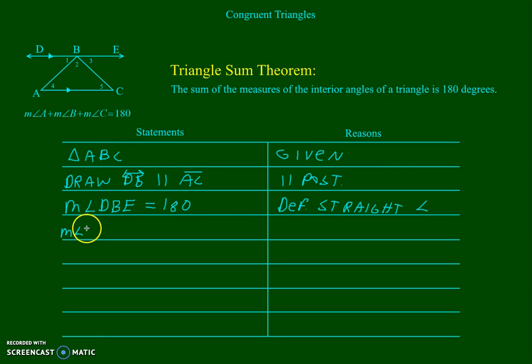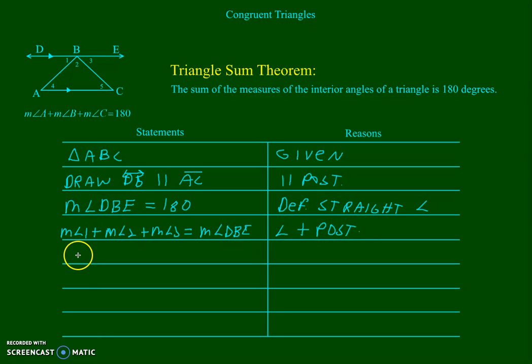So measure of angle 1 plus measure of angle 2 plus measure of angle 3 equals measure of angle DBE. And that is the angle addition postulate.